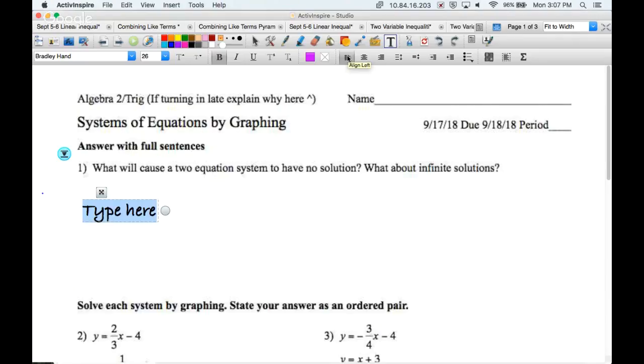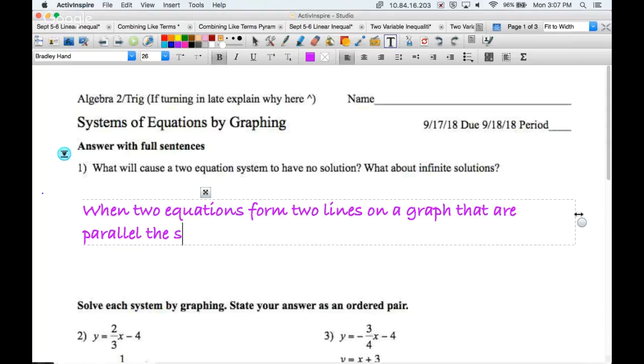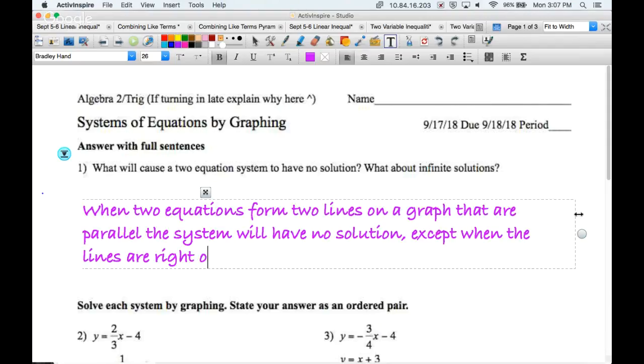Let's say when two equations form two lines on a graph that are parallel, the system will have no solution, except when the lines are right on top of each other.